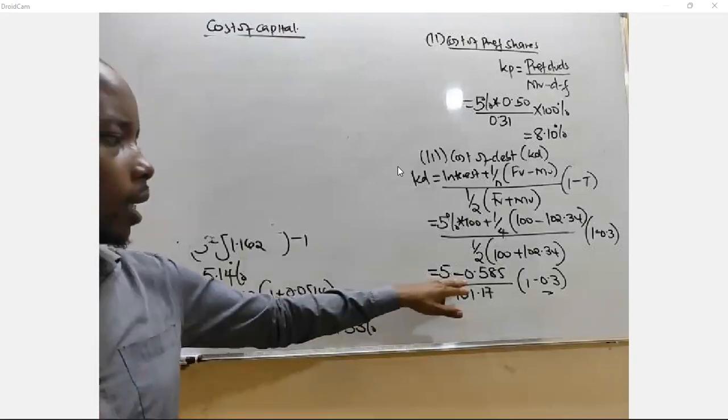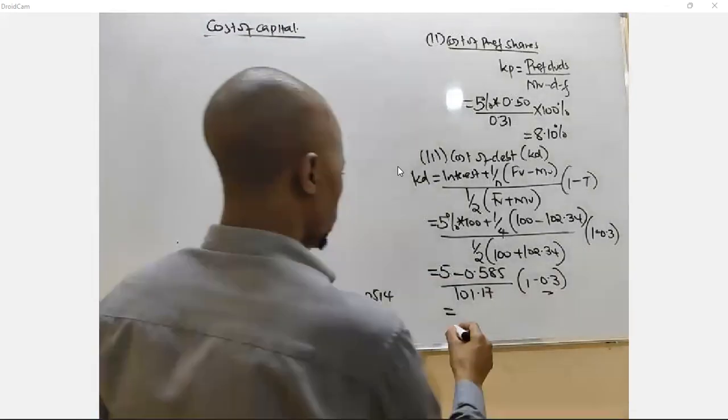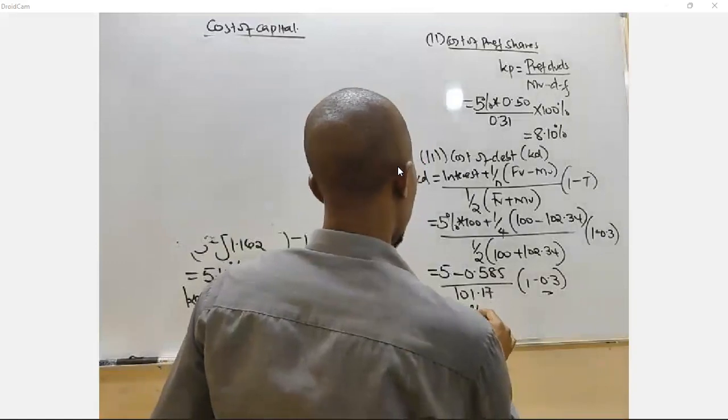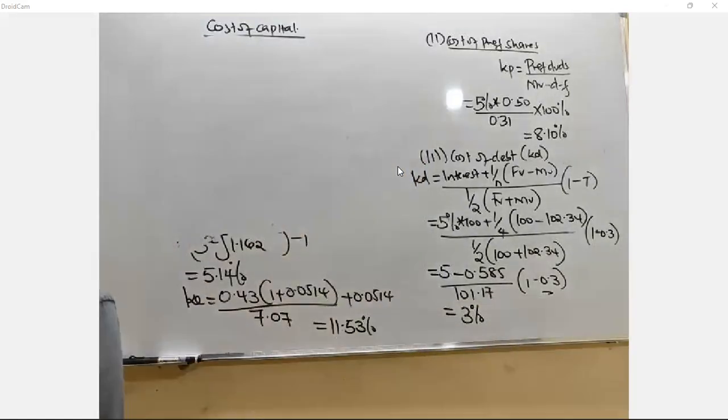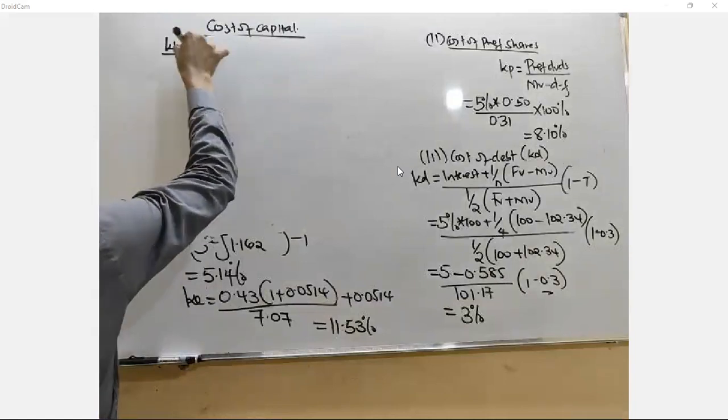Five minus this divided by 101.17. Then you multiply by 0.7. How much are you getting there? 0.03, equivalent to 3%.